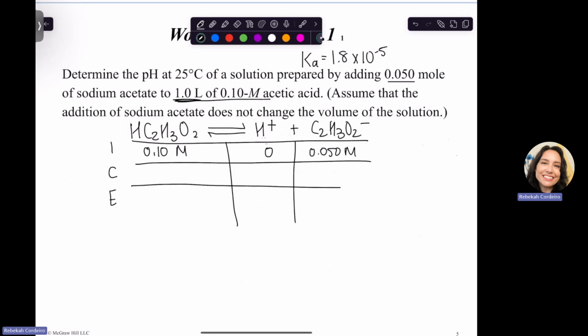Now, when we're talking about change, yes, we know that if we add something, it will want to push the equilibrium to the left, but pushing it to the left doesn't mean it's going to the left. Like Q is still 0 because we don't have any hydronium. So we still need to think about change as moving toward a 0. Change will always, no matter what we're predicting, move toward the 0.